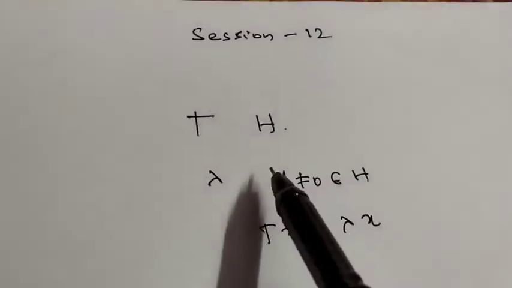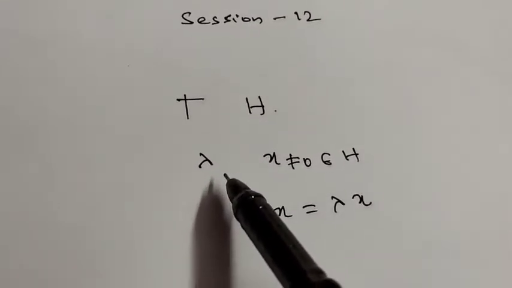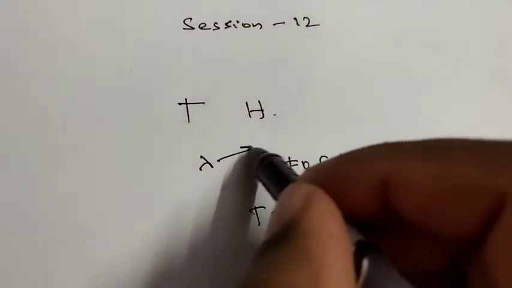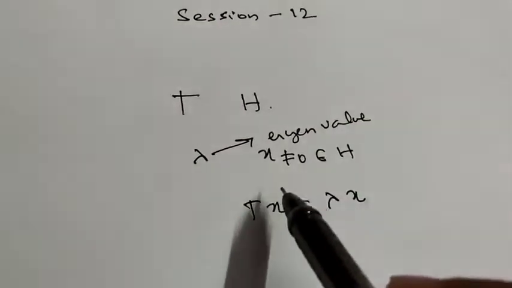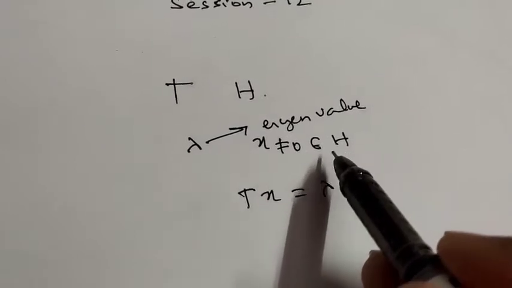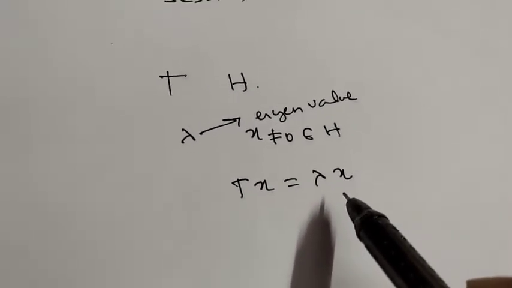Okay. So if T is an operator on a Hilbert space H, then a scalar lambda is said to be an eigenvalue of T if there exists a non-zero vector x belongs to H such that T of x is equal to lambda times x.